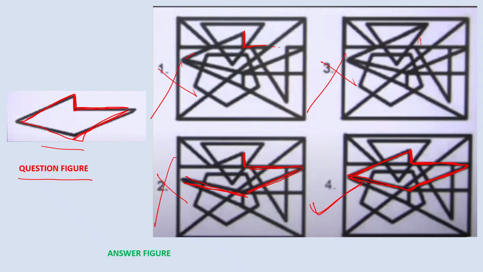Please note this down. It's very important where rotation is not allowed. This type of embedded image is a little bit difficult for beginners, but with practice it will be very easy for you.